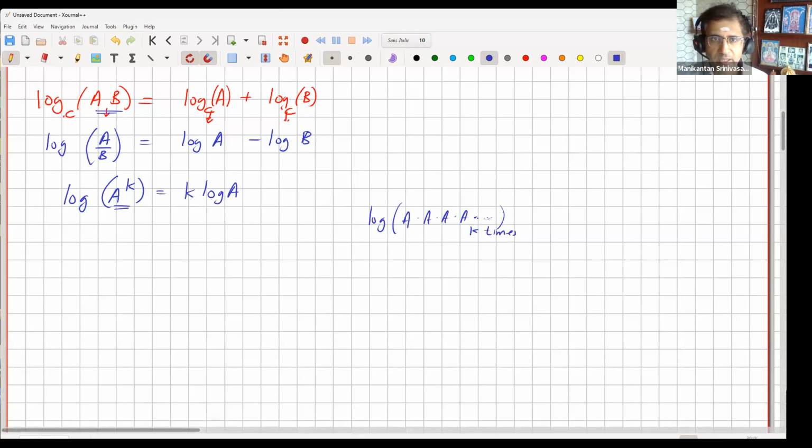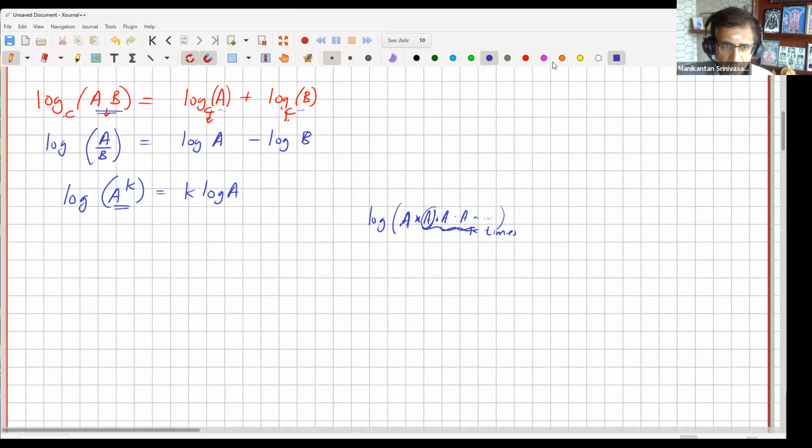If it's log of AB, it's log A plus log B. You can think of it as the first multiplication being A multiplied by the rest, and then you can split it as log A plus the rest. And then you can apply that same thing again. We go to this A and say, this is this A times the rest. So it comes to be log A plus log A plus log A, K times. Hence it's K times log A. Okay, all of you okay on this? Thais, you're okay?